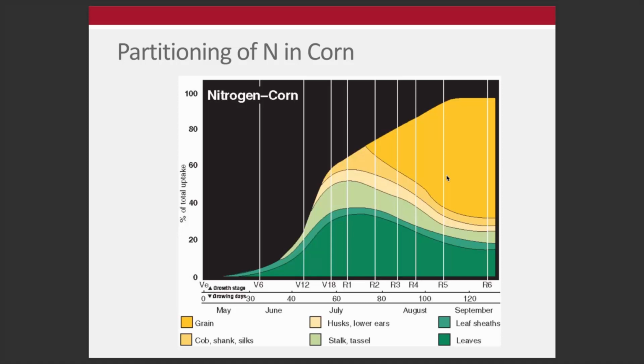Okay, so vegetables do similar things, maybe not to the same degree, and it depends on the crop, etc. But we can see there's this huge reservoir in the leaves and in the stalks, and then ultimately, not all of it, but a lot of it gets translocated into the grain as that nitrogen fraction in the grain grows and grows until harvest.